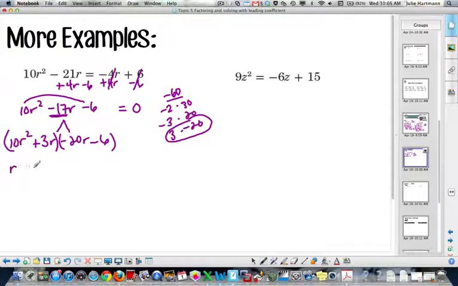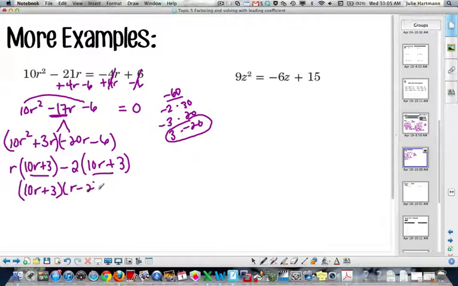Here, I take out an r. I'm left with 10r plus 3. Here, negative 20r and negative 6, I take out a negative 2. Negative 20 divided by negative 2 is 10r. Negative 6 divided by negative 2 is plus 3. Now, they both have a 10r plus 3, so 10r plus 3 and r minus 2 equals 0.